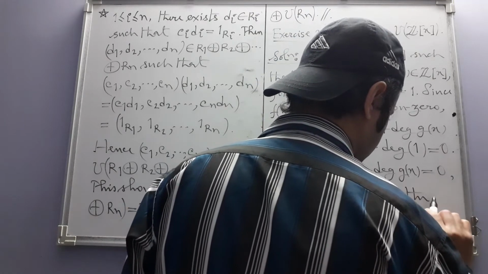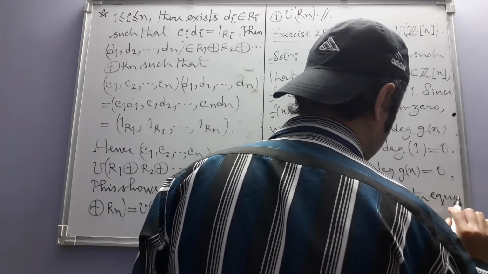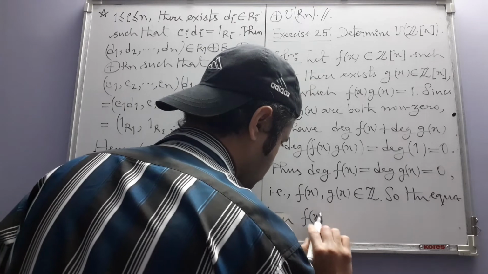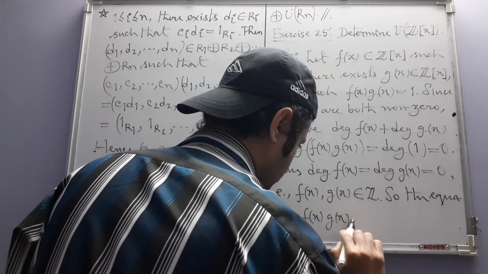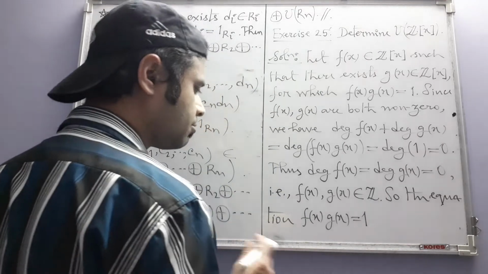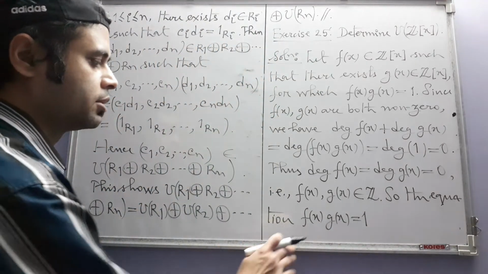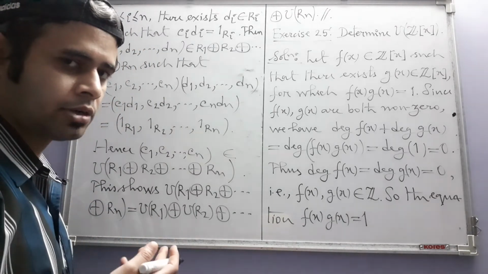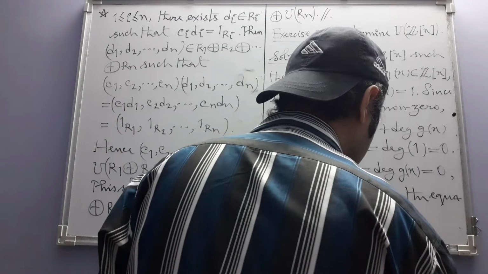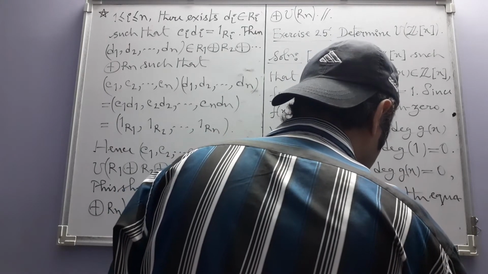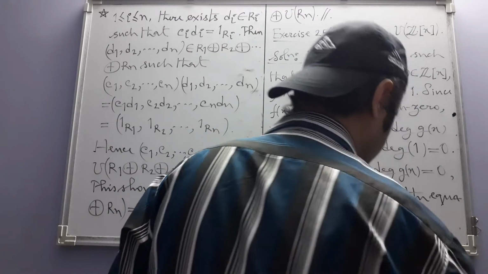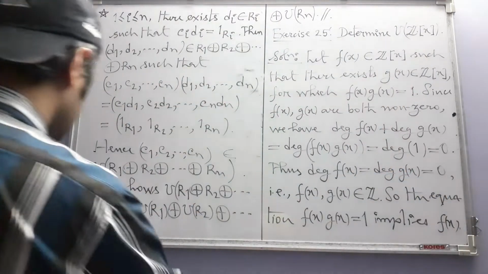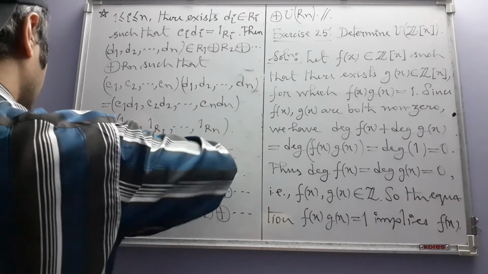So the equation, now we can say something more from this equation, because now we know that they are not just any integer polynomials but actually integers. So this equation implies that f(x) is either +1 or -1.